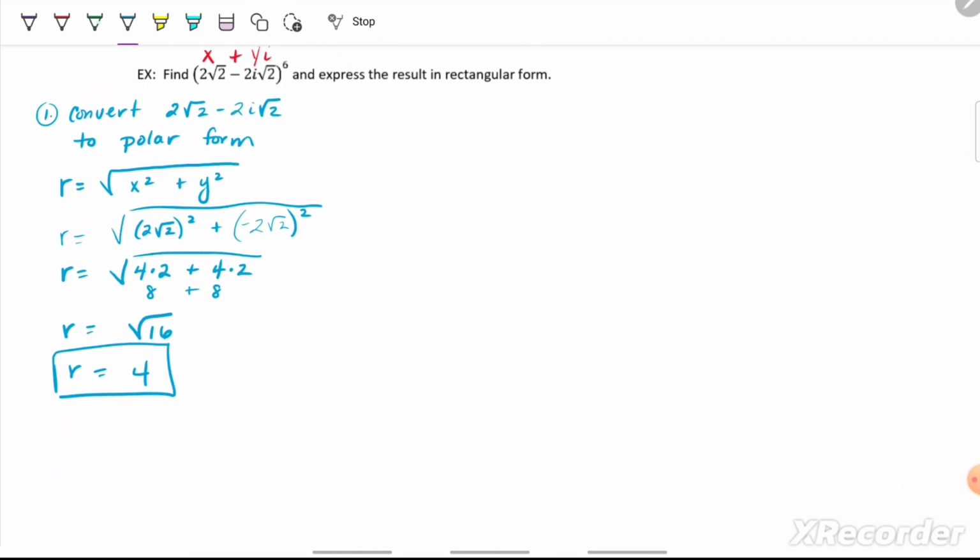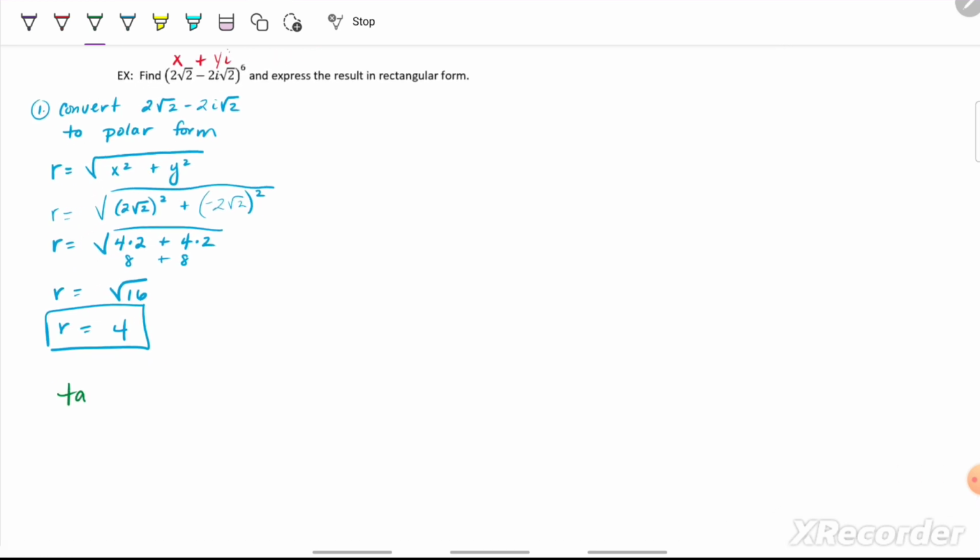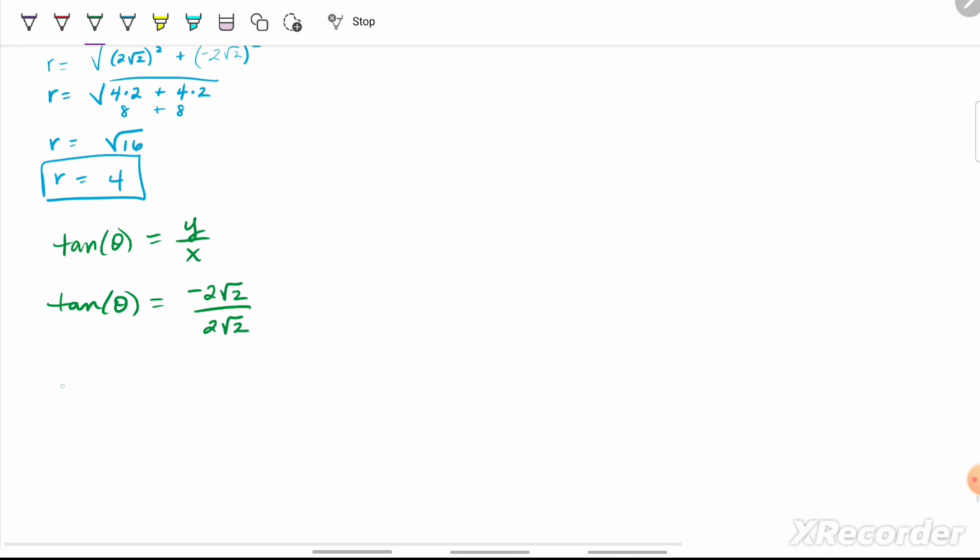We also need to get our theta value using the fact that tangent of theta is equal to y over x. So tangent of theta is going to be negative 2 square root of 2 over 2 square root of 2. So tangent of theta is equal to negative 1, making theta equal to tan inverse of negative 1.